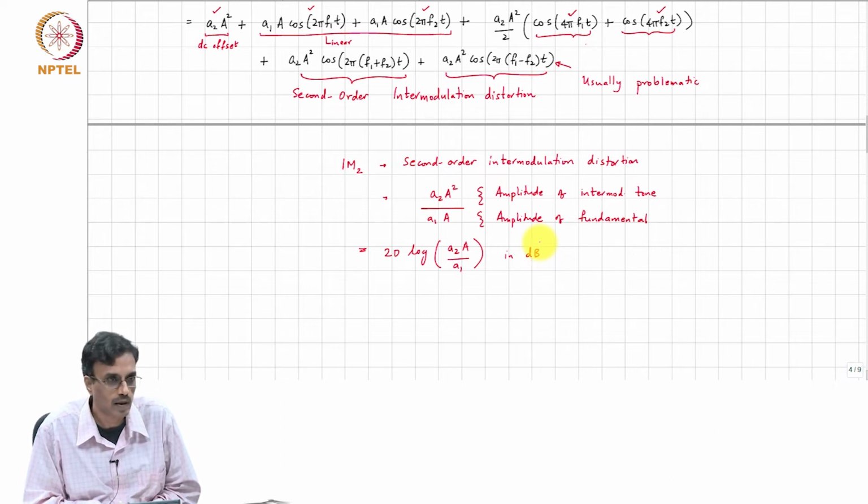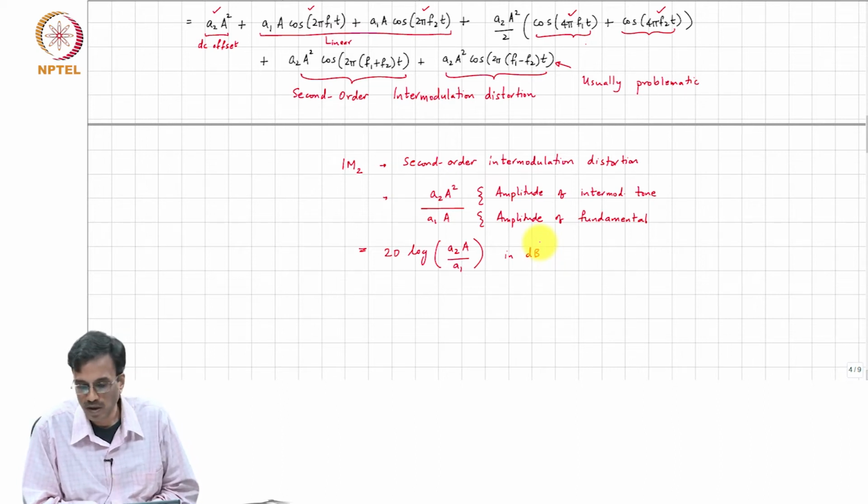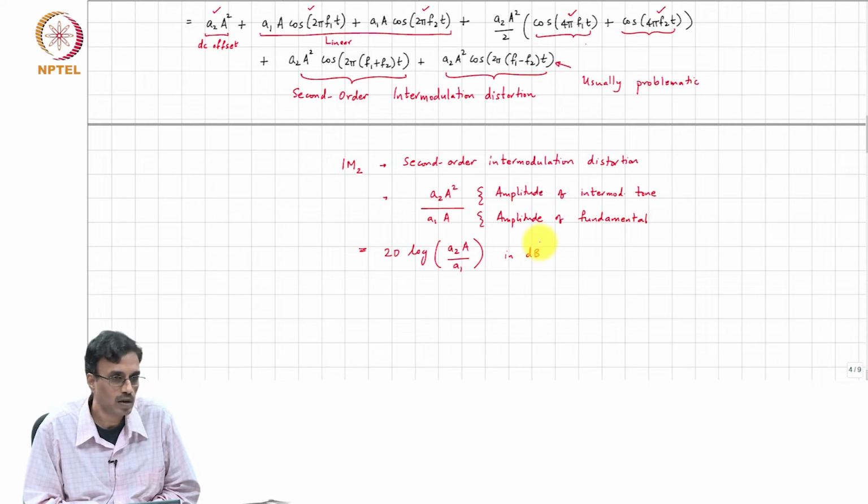Does it make sense? So, every 1 dB increase in the input will cause a 1 dB increase in the IM2.